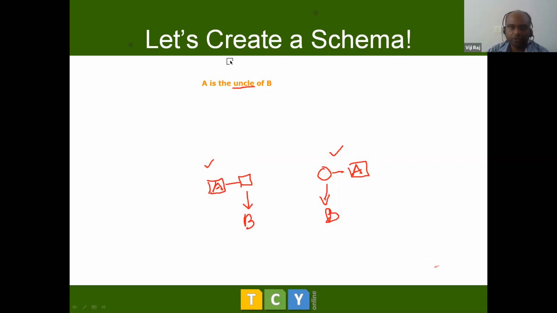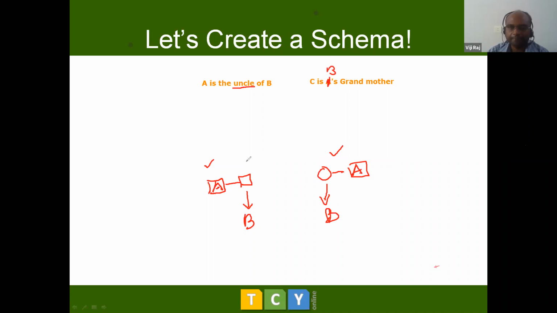All right. So if we have another statement, C is B's grandmother, right?